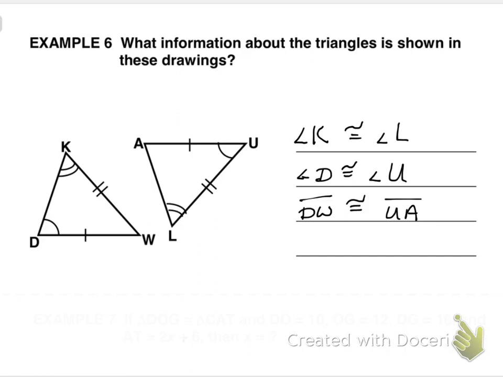Okay, and then we know that side KW is congruent to side LA, right? KW would be congruent to LA.